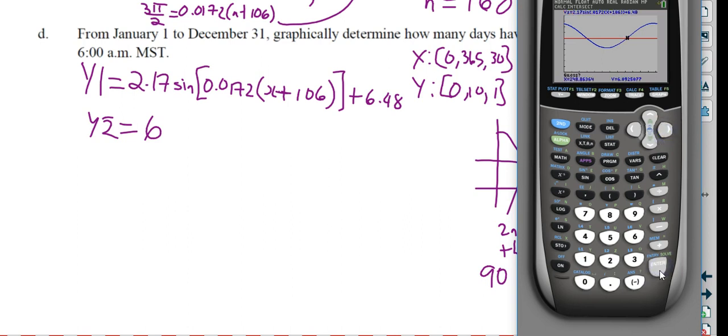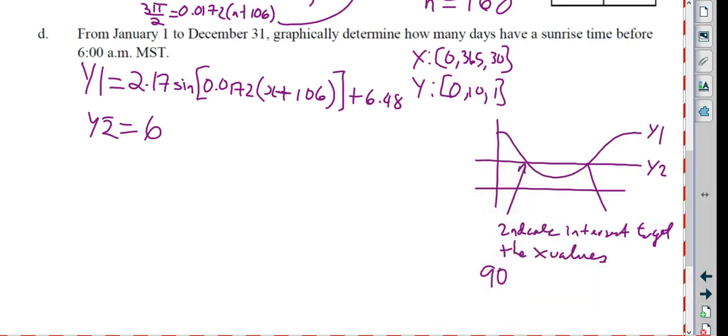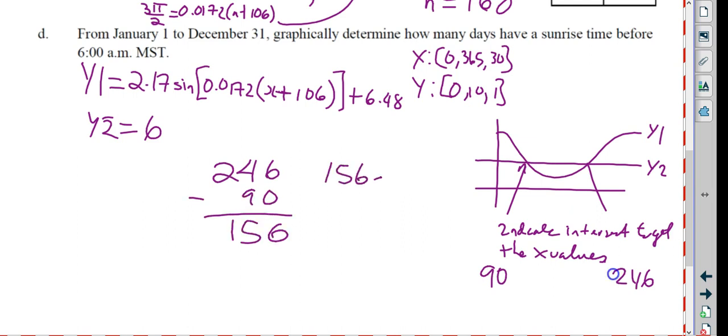Enter, enter, enter. So 246. Okay, 246 minus 90, so 156 days have a sunrise time before 6 a.m.